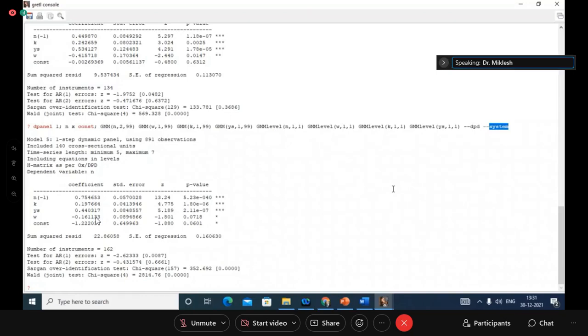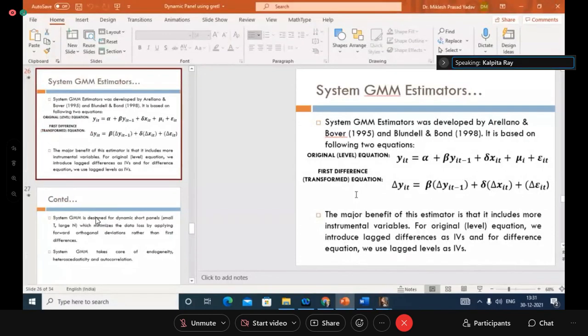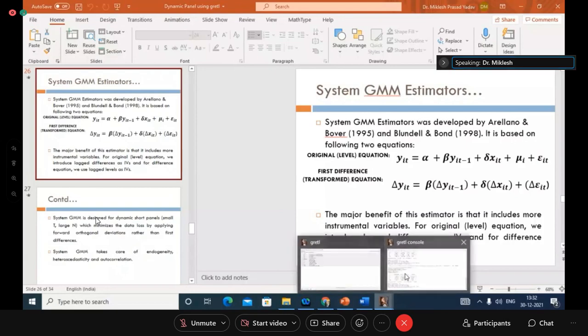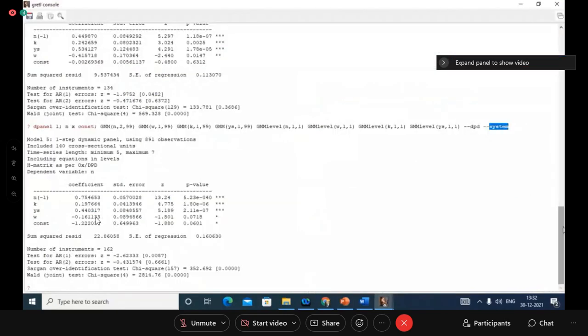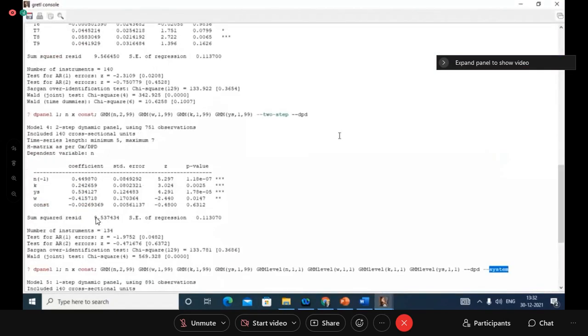Yeah, rest of the participants. Sir, why do we consider GMM level in a system? Look, first, one equation means one type of instrument. For difference GMM, there is only one kind of instruments, which I have used here.